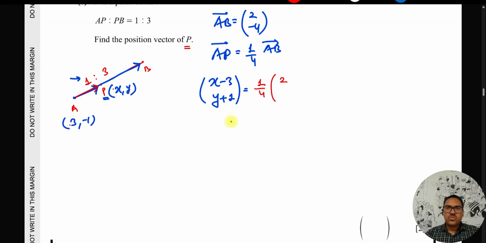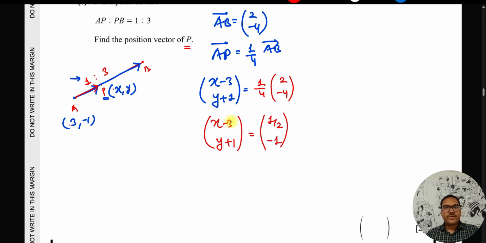Now what is this? This is 2 minus 4. So here you can see, x minus 3, y plus 1 is equal to, if I multiply 1 by 4, this will become 1 by 2 and this will become 1 by 4 into minus 4, which is minus 1. I hope this is clear.